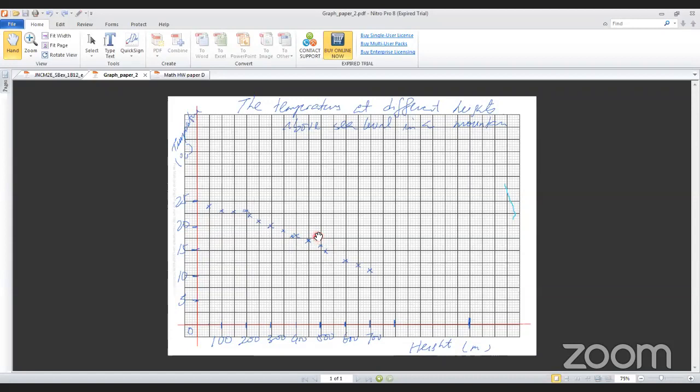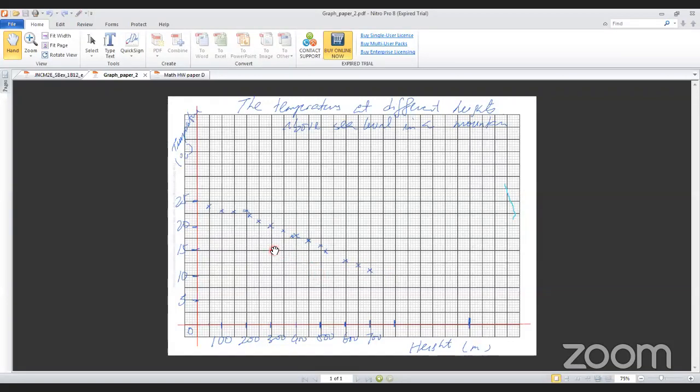In case you need to draw a graph, we will provide you the graph paper, and you can use it in this way or in the vertical way. Either way is fine, as long as you can show the data clearly. Then this one is a scatter diagram.